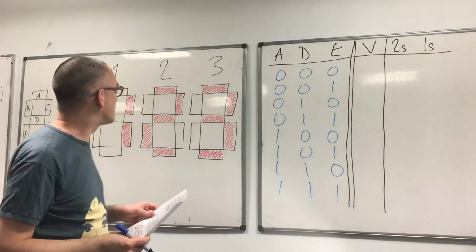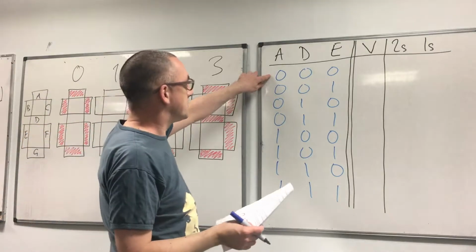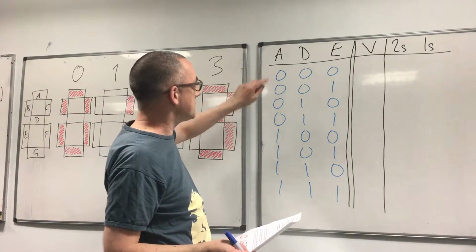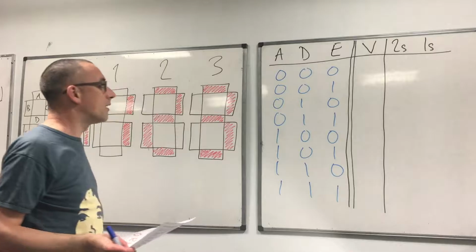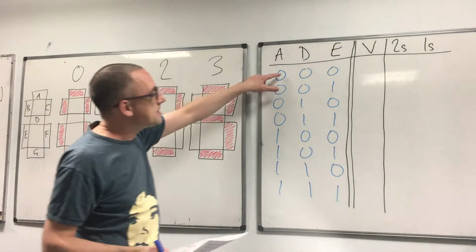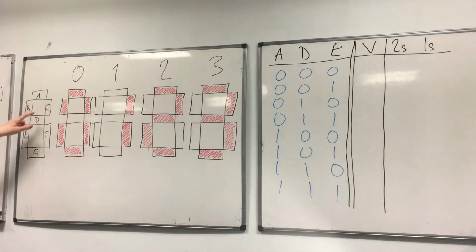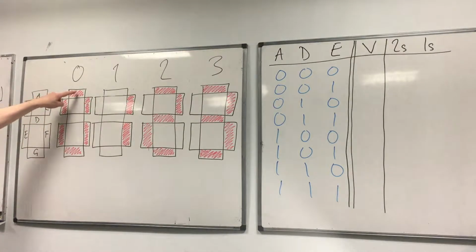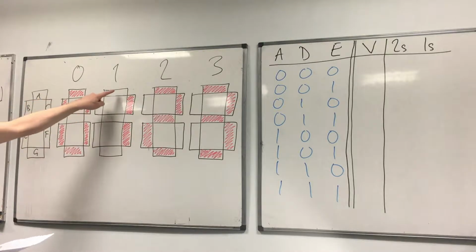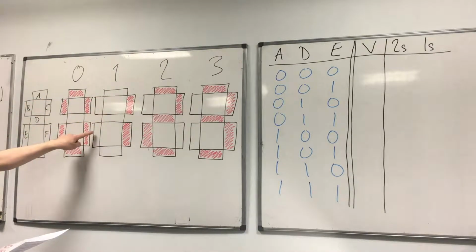Okay, and now let's go and look at the diagrams to see whether we have any matches. Okay, so in the case where A, D, and E are all switched off, well, 0 has A switched on, so that won't do. 1 has A, D, and E all switched off.